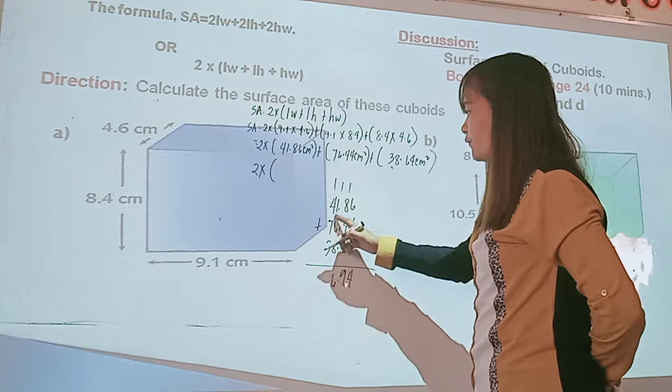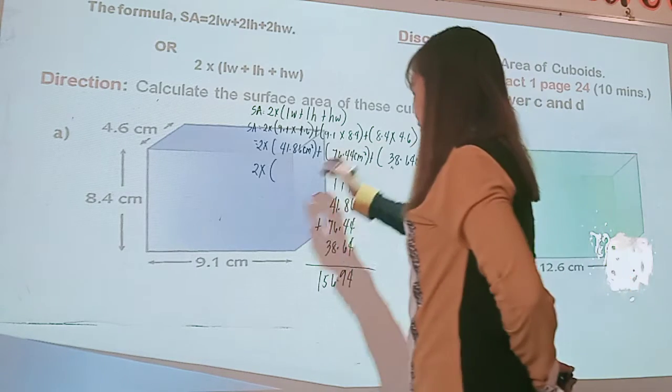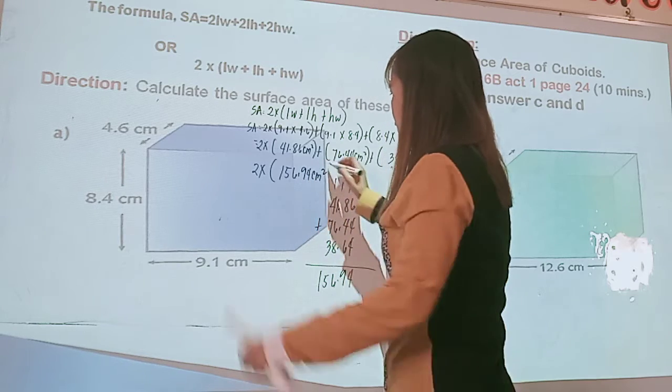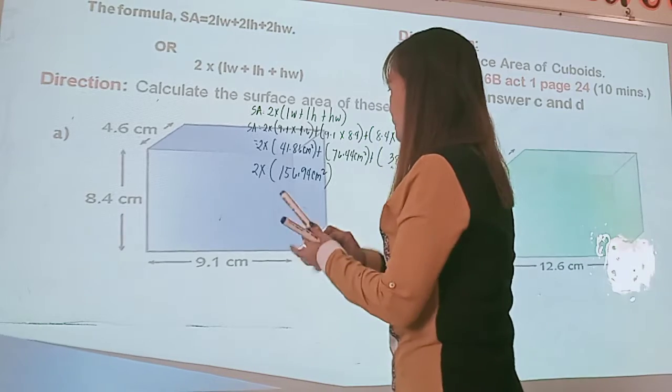So 5. 5 plus 7 is 12. 12 plus 3 is 15. So the answer is 156.94 centimeter squared.